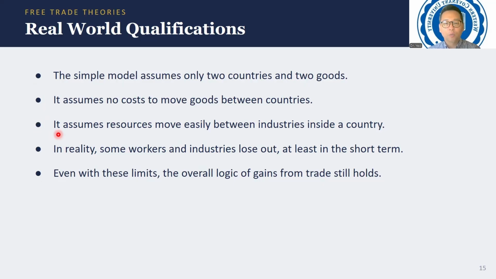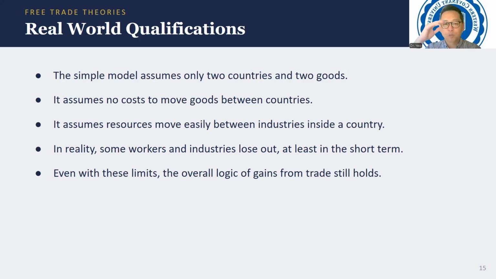And it assumes that workers and resources can move easily from one industry to another inside the country, which is often difficult in practice. Because of this, in the real world, some workers and some industries do lose out when trade increases, at least in the short term. A textile worker in a country that stops producing textile may struggle to find a new job quickly.